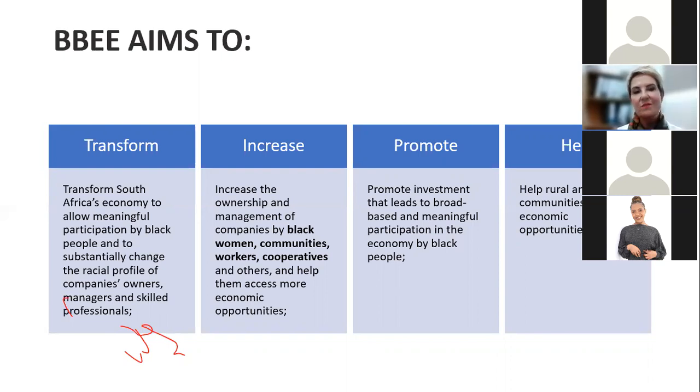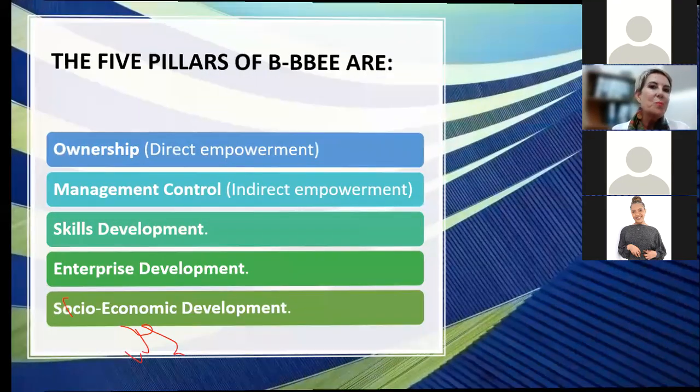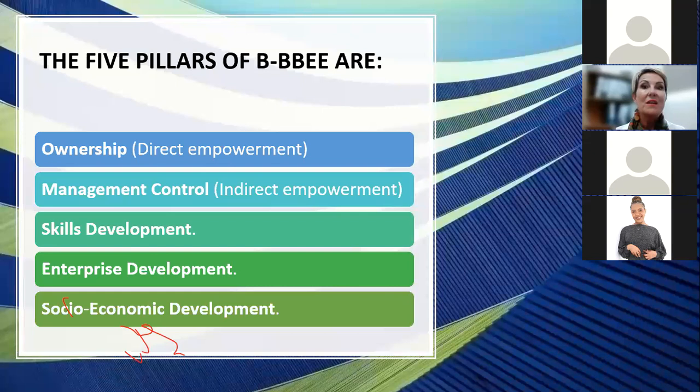And it also tries to help the rural communities, the communities that we do business in, to benefit as well. And just a reminder again, the 5 pillars of BBBEE are ownership, management and control, skills development, enterprise development, and socioeconomic development.